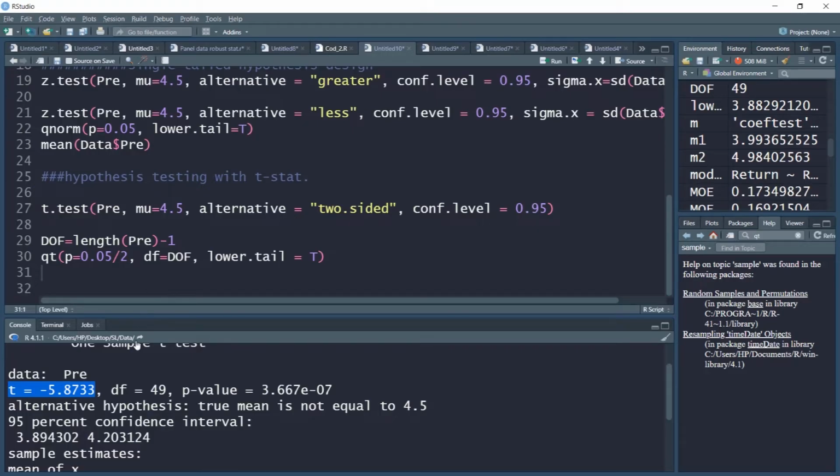Now, a more simpler way would have been to simply look at the p-value of this test, which is very small, close to 0, and therefore with a lot of significance we can easily reject the hypothesis directly looking at this p-value and say that our population mean is not same as 4.5.